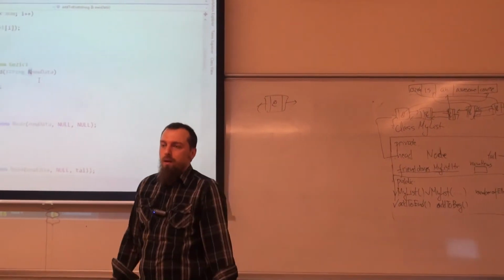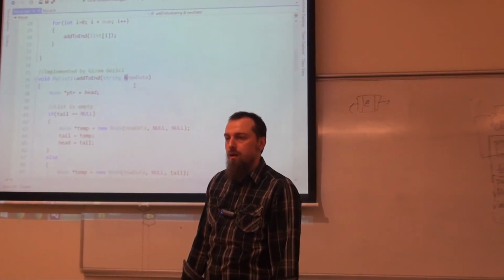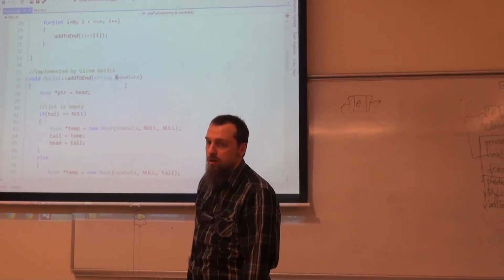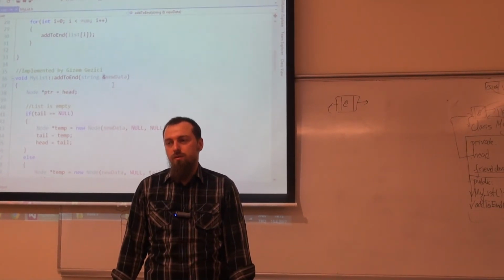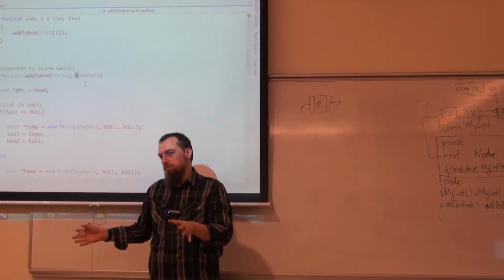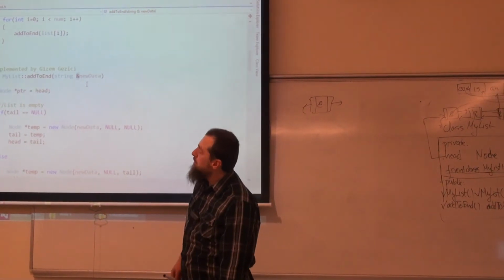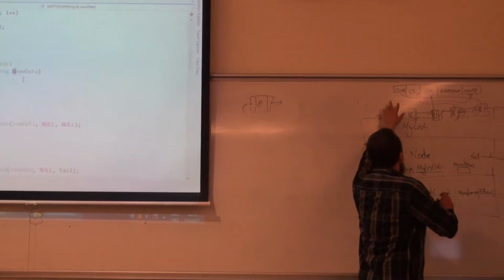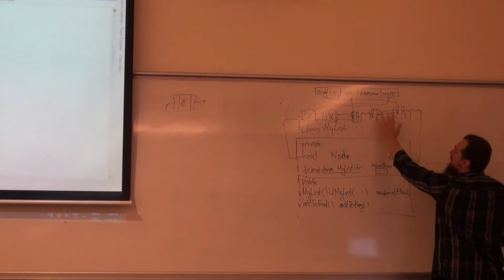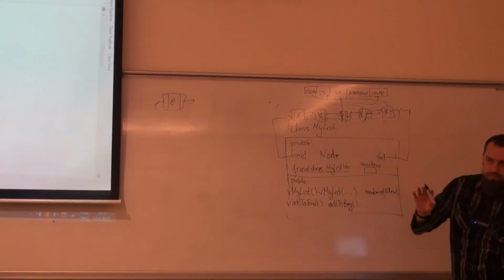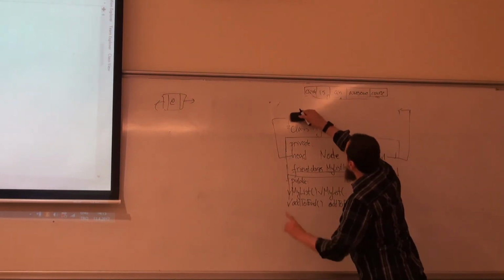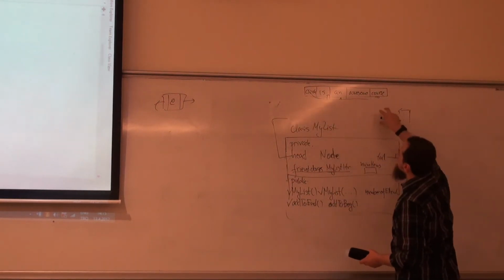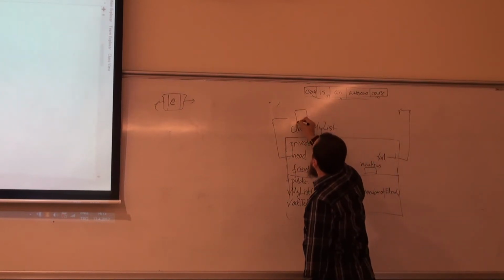Yes? It said addToEnd, but didn't we add to the beginning? Yes, we are adding them to the end. This is how it works. I'm just explaining. We're not adding them to the beginning. I'm adding them to the end. So this element is added here. Oh, you're right. You're right, I'm sorry. Nice remark. So we add here, this is CS204.